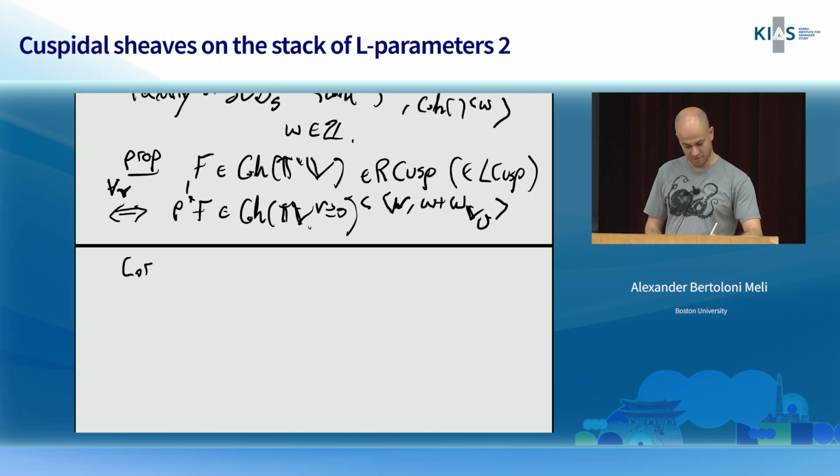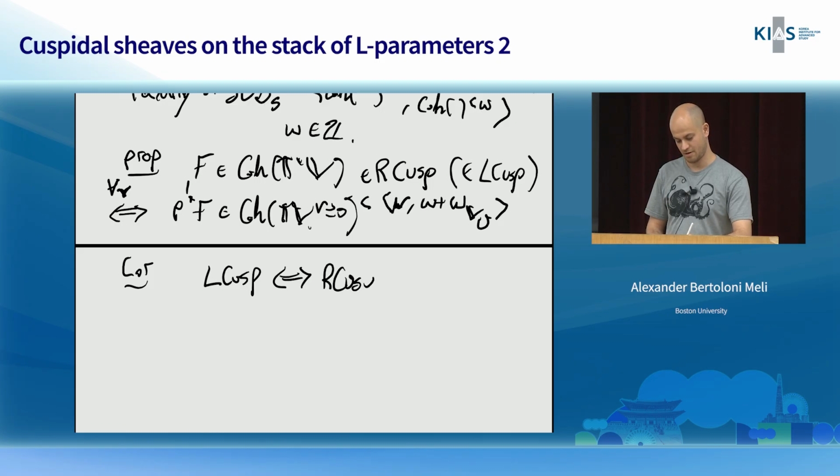Okay, so one corollary of this is that L-cusp is the same thing as R-cusp, actually, on the cotangent stack. So why is this true?